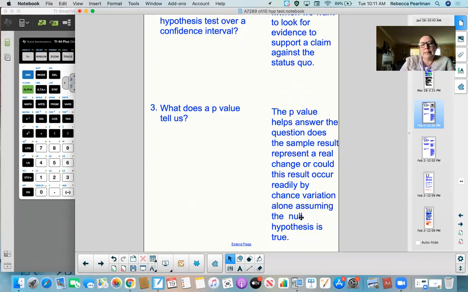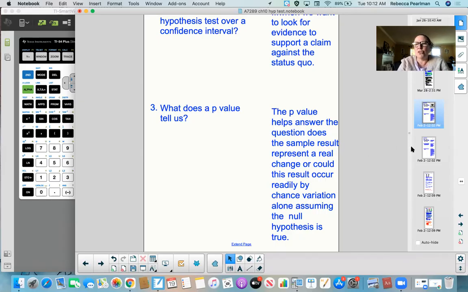It is really important that you understand what a p-value does for us: a p-value is calculated based on a single sample result, assuming the null hypothesis is true, and it's based on sampling distributions. What is likely or not likely to happen by chance variation alone from sample to sample. That's why chapter 9 was so important.